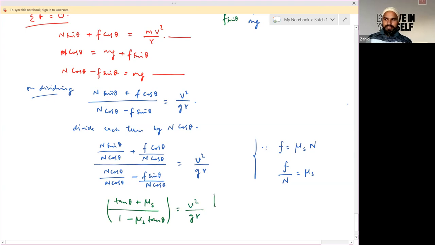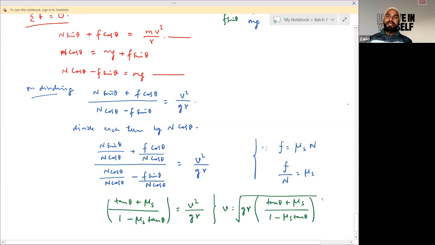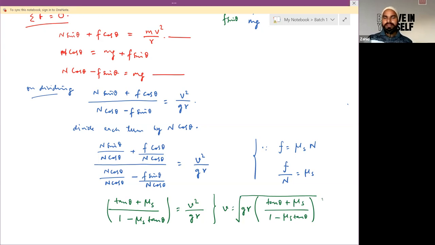On rearranging, you will get velocity equals root under g r times tan theta plus mu static divided by 1 minus mu static times tan theta. So this is the safest velocity or the maximum velocity with which a body or a vehicle should move along this track.